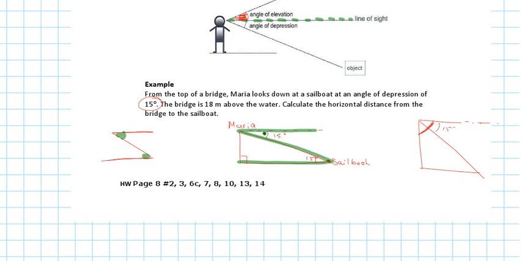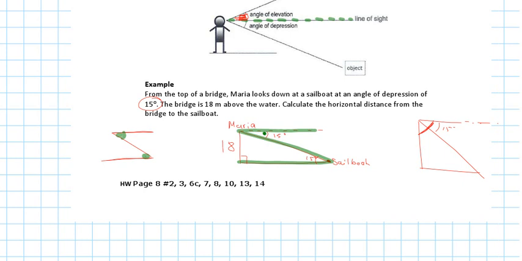So if this is 15, then I can find the other angle by subtracting 90 minus 15, which also works out to be exactly the same. Now, if this is 15, this is the height of the bridge. It's 18 meters.